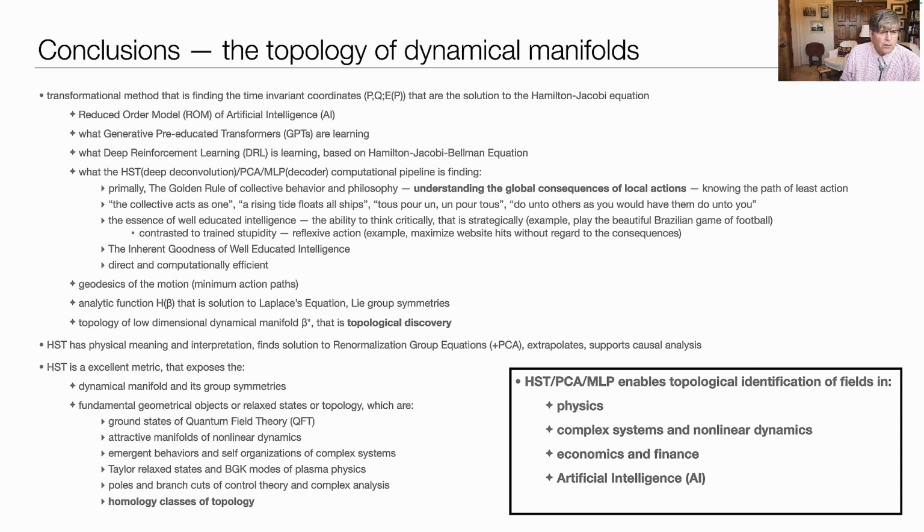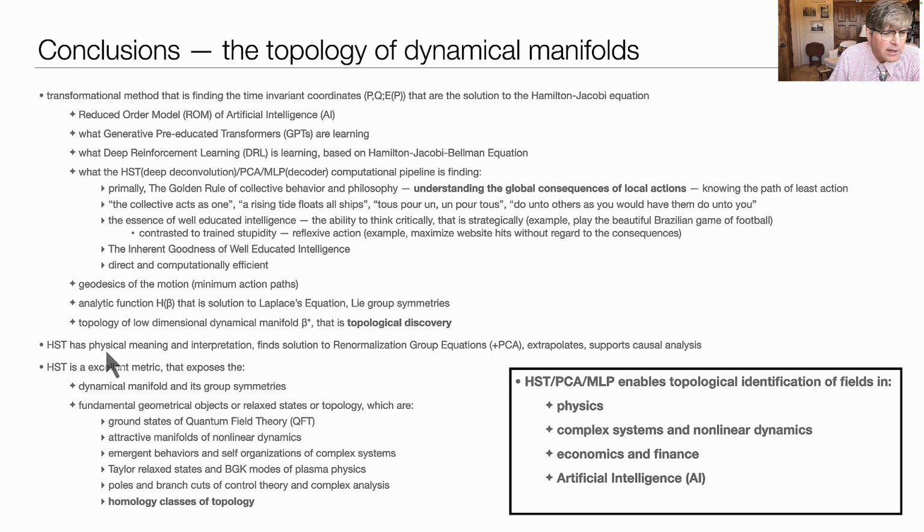This can also be solved for the singularities or the algebraic structures of the singularities, which are the topology of the low dynamical manifold, or as I'll talk about in a bit, the homology classes of that topology. And so this overall pipeline is a voyage into topological discovery, right?